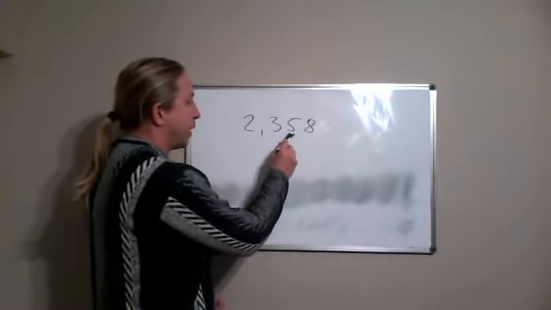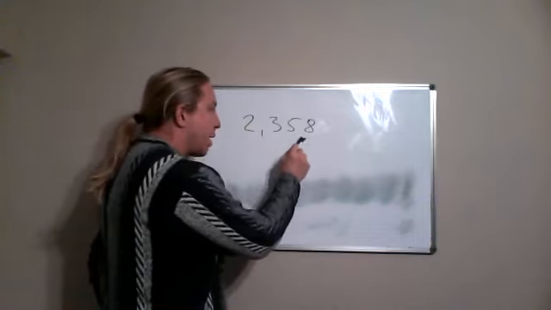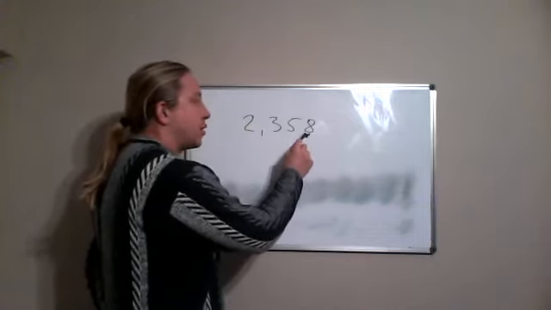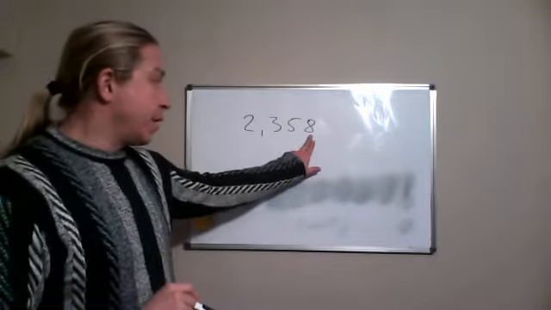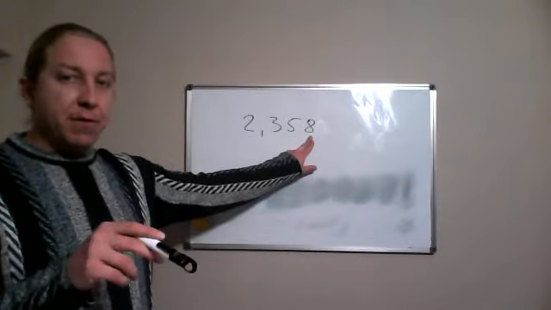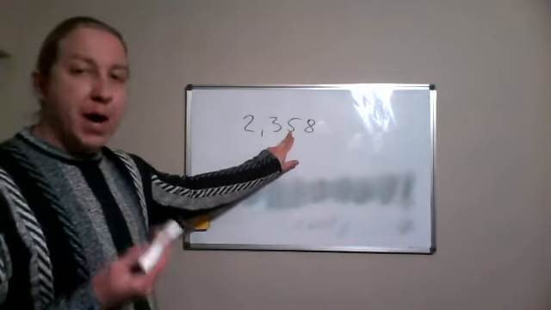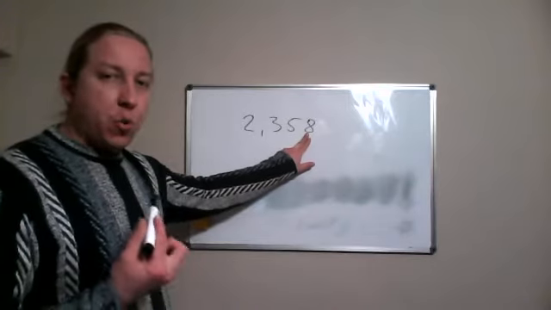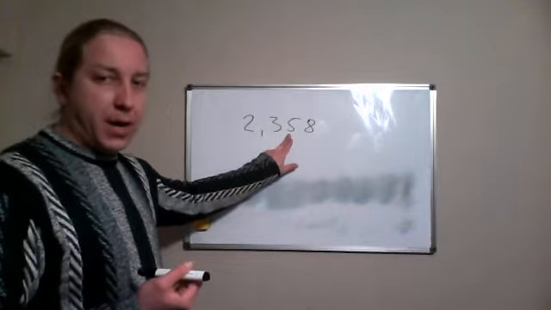So 2 decimal places, second decimal place is this. We look to the number to the right of that. So we look at this 8 over here. If this number is 5 or bigger, then we increase this 5 by 1. Okay? If this number is 0, 1, 2, 3, or 4, we keep this number the way it is.